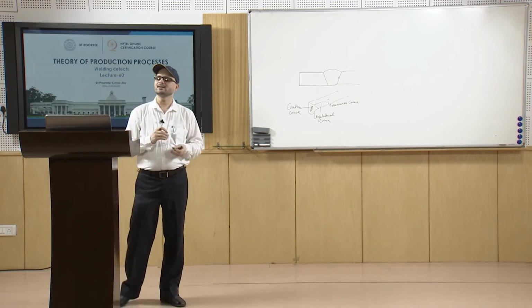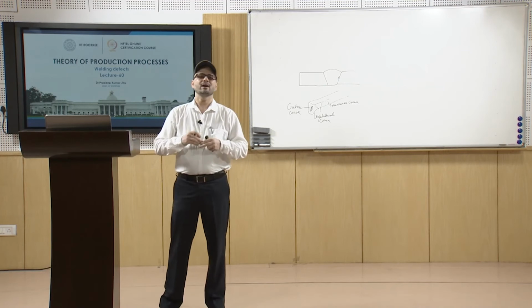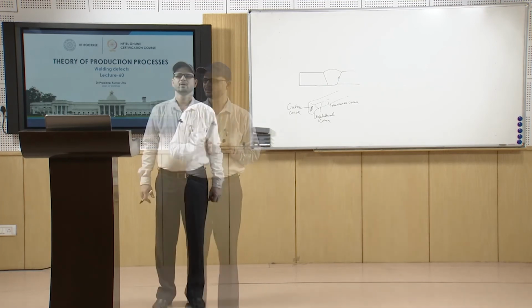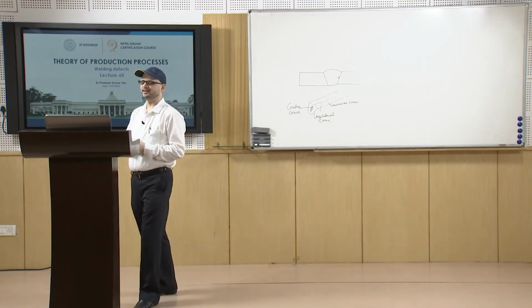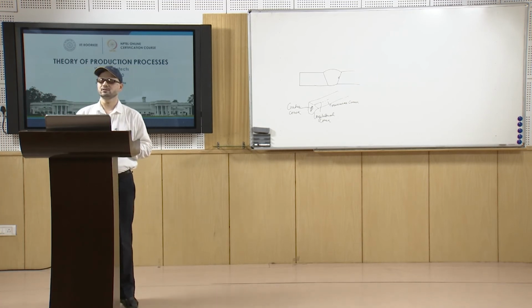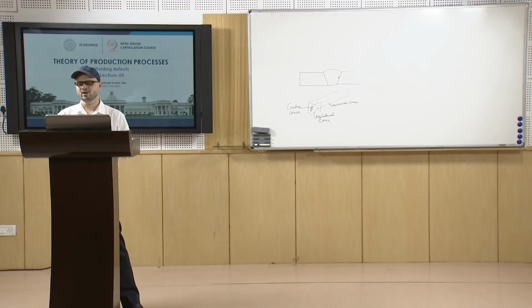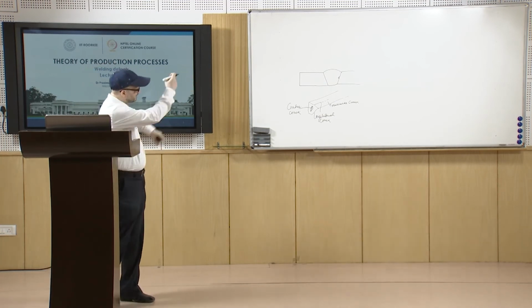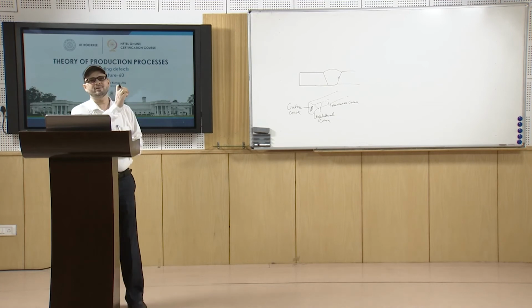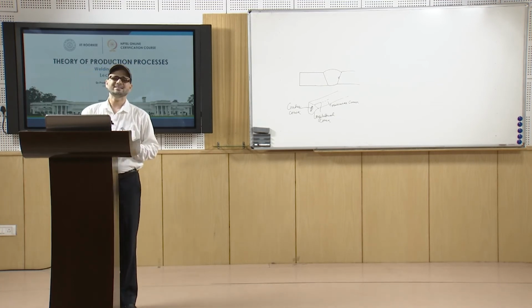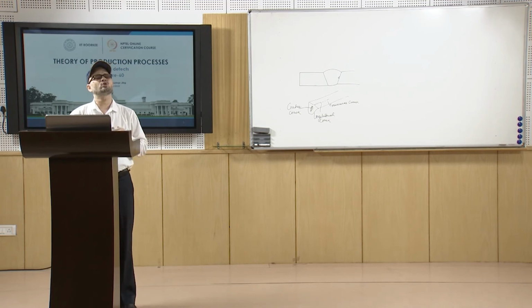You have other defects like undercuts. That is also an important defect. Undercuts are basically grooves which are melted into the parent metal. In the parent metal there will be some melting, and that is normally adjacent to the toe of the weld.